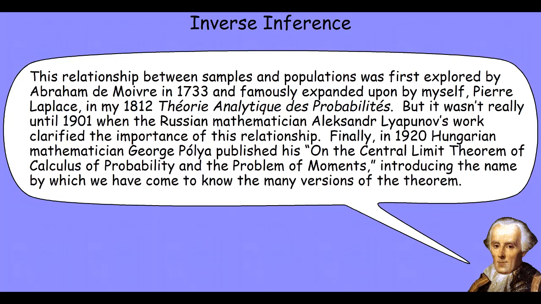But it wasn't really until 1901 when the Russian mathematician Alexander Lyapunov's work clarified the importance of this relationship and gave it a more general format. Finally, to end our incredibly brief story, in 1920, the Hungarian mathematician George Pólya published his On the Central Limit Theorem of Calculus of Probability and the Problem of Moments, thereby introducing the name by which we've come to know the many versions of this theorem, the central limit theorem.